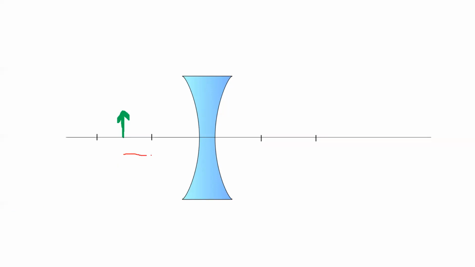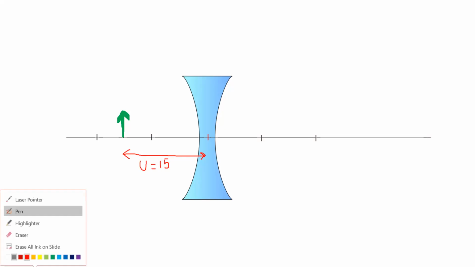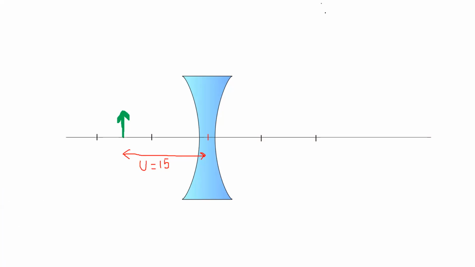So here I'm giving you the object distance as 15. The focus is still the same, 10. Please calculate first and then draw the diagram for me. How? Make the calculation. What's the calculation?